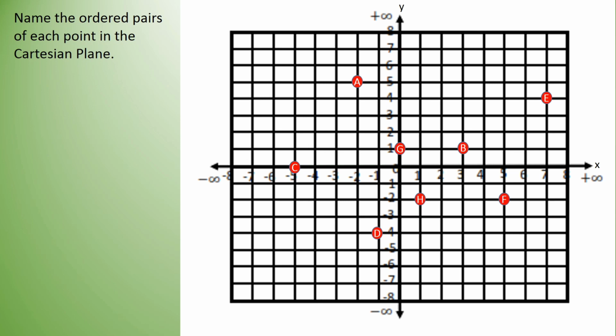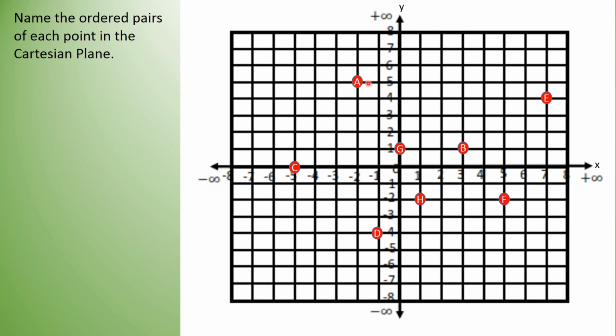Okay, so let us name the ordered pairs of each point in the Cartesian plane. So let us start with point A. In naming the ordered pairs, we have to consider first the value of x. Since we are considering first the value of x, we're going to take a look first at our x-axis.